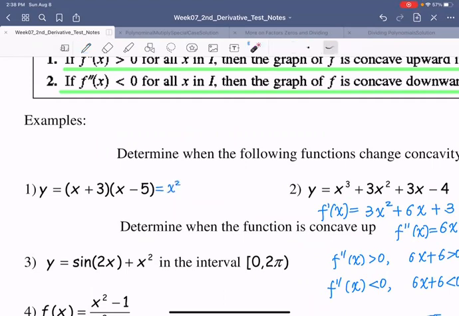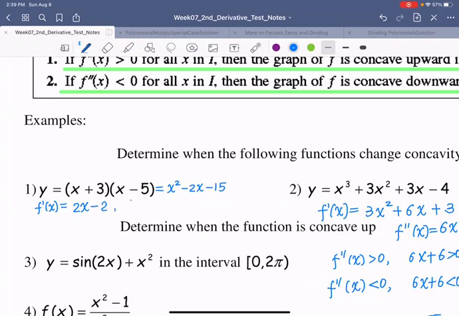This is x squared, and then minus 5x plus 3x, so this is negative 2x and then minus 15. And your f prime, you go to the first derivative, you go to 2x and then minus 2, okay?